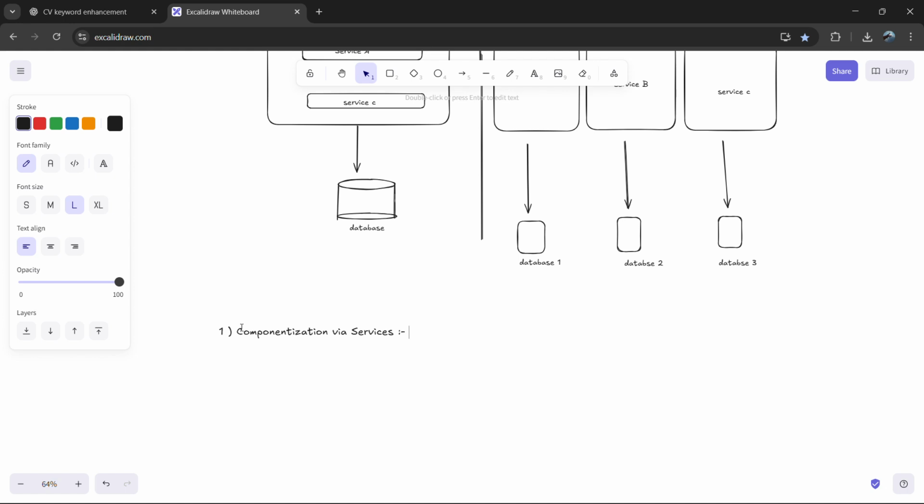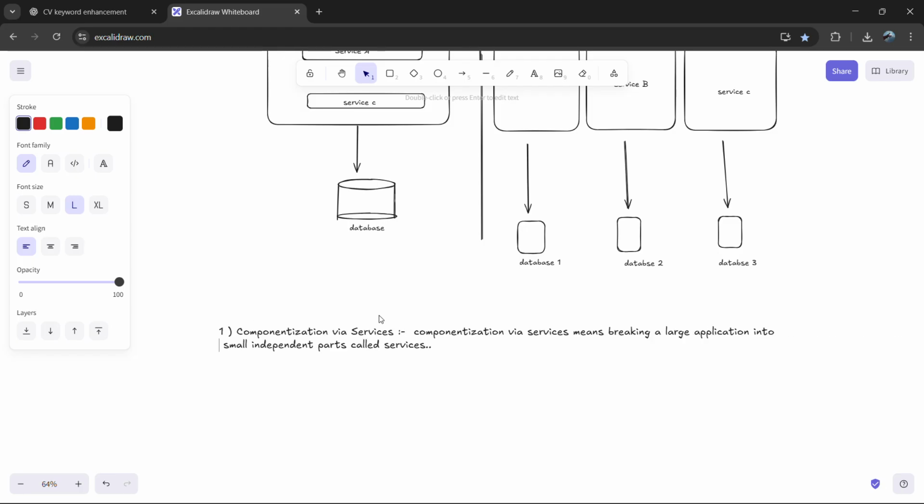Componentization via services means breaking a large application into small independent parts called services.